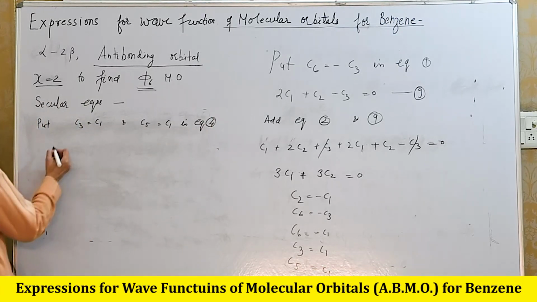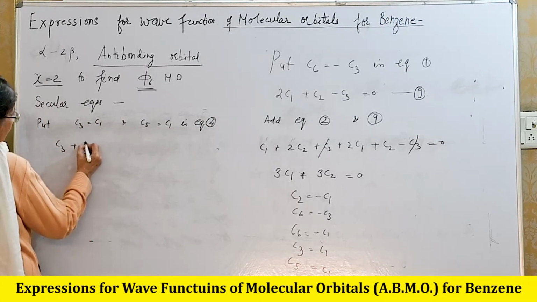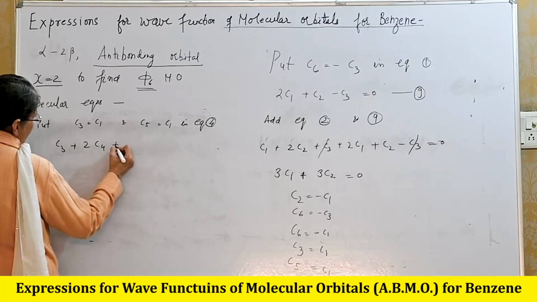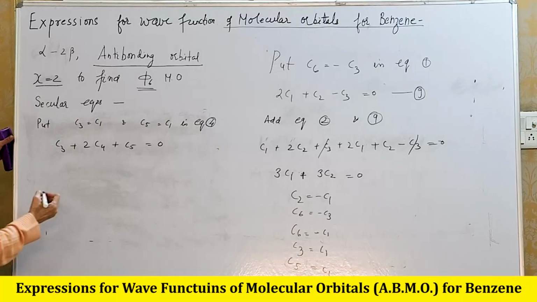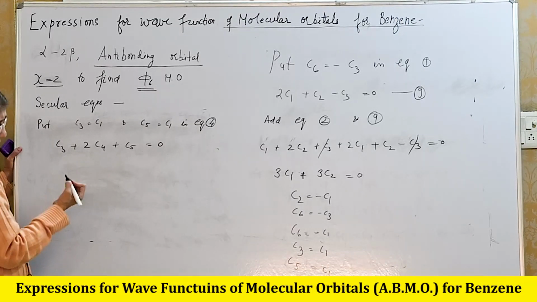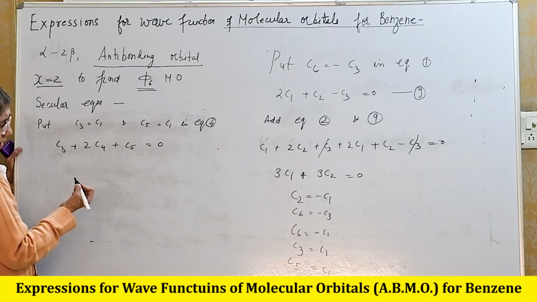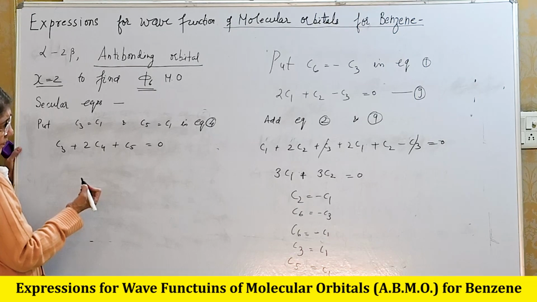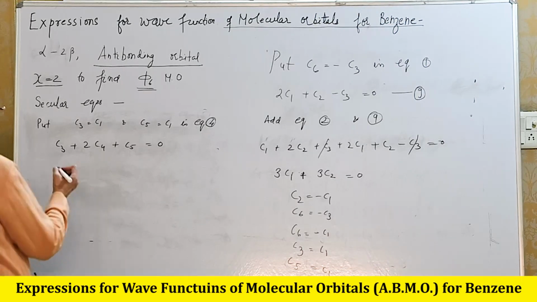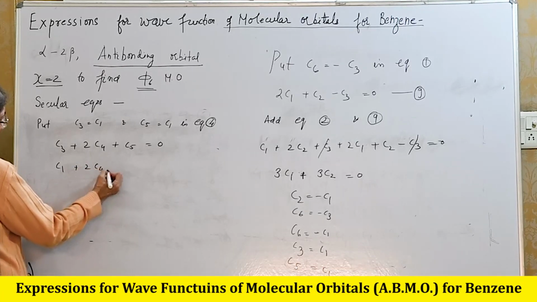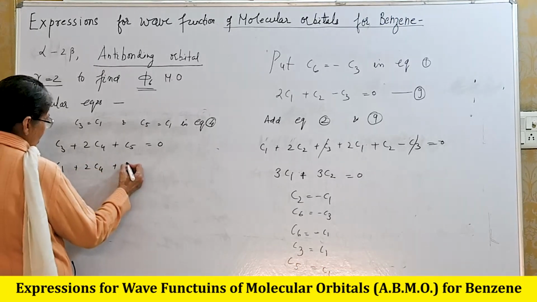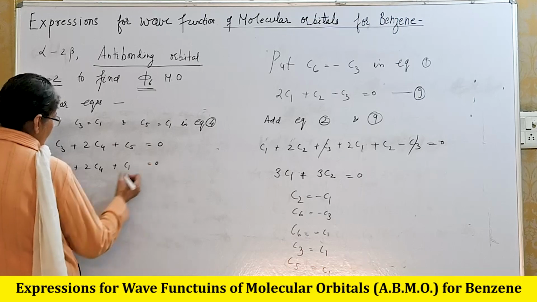Then we get C3 plus 2C4 plus C5 is equal to 0. C1 plus 2C4 plus C1 is equal to 0.